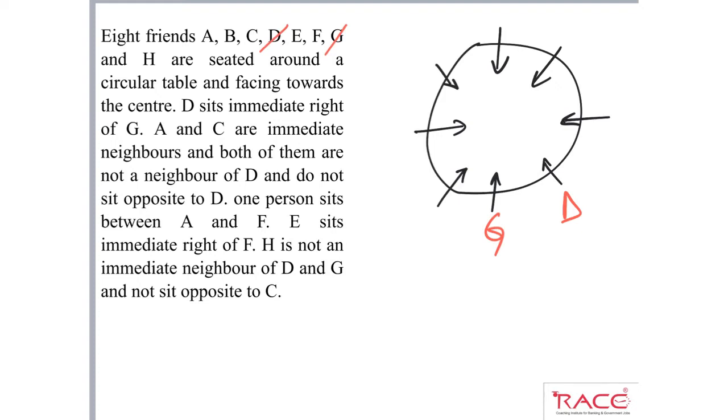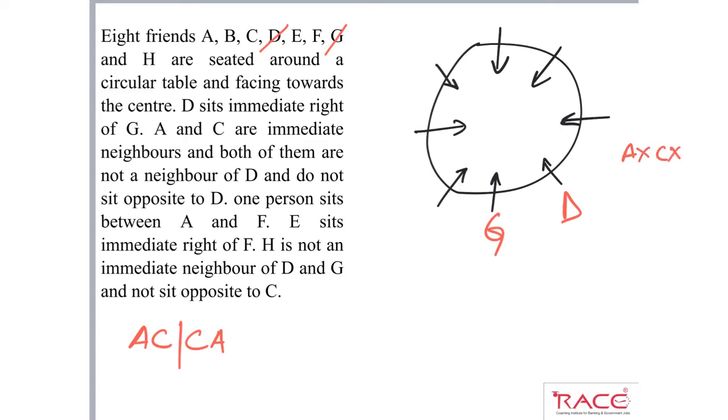Next, A and C are immediate neighbors and both of them are not neighbors of D. So the first information is A and C are immediate neighbors. So it can be AC or CA. And second, both of them are not neighbors of D. So no A here and no C here.